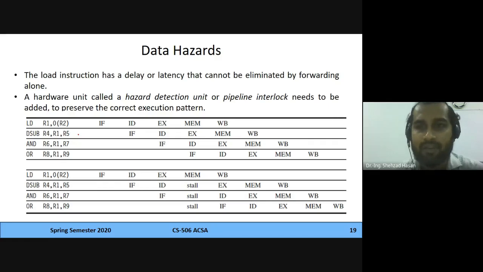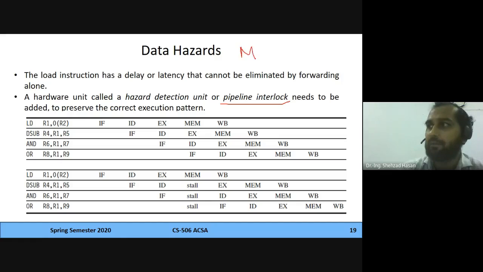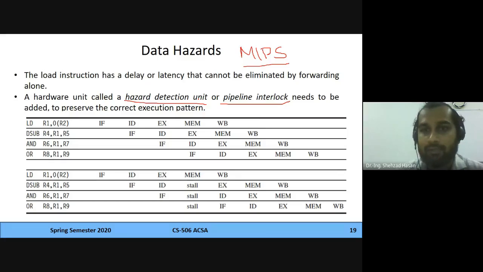If you have a hardware unit doing the same task, that hardware unit is sometimes called a pipeline interlock. When MIPS was initially designed, the acronym stood for microprocessor without interlock pipeline stages. That is, the microprocessor was designed without this hazard detection unit, and insertion of stalls was required to be done at compile time, not at runtime.